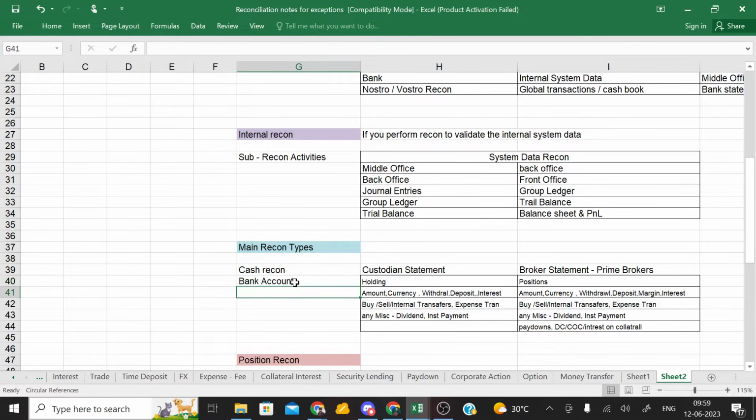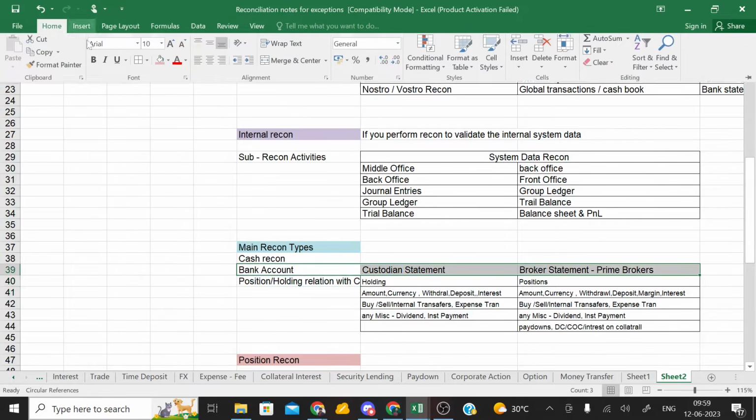Even if you want reconciliations, bank account versus custodian account versus broker account, you can perform in that way also. If you don't want to perform in that way, because anyways you would see position and stocks or holding in relation with cash, that's what you need to perform the reconciliation like this.